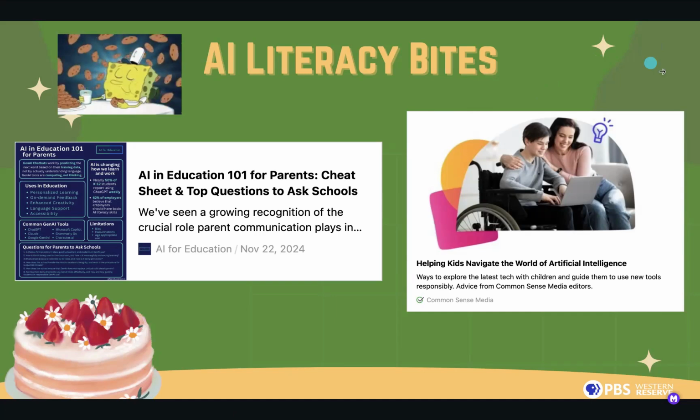And I bring that up because I was just at a session a week or two ago and had some adults that were in the workforce, so not in education, and they had questions like, how does AI work? We're all learning this, and it's changing so rapidly that we really have to understand what's real, what's not, how is it pulling the information, where is it pulling it from.